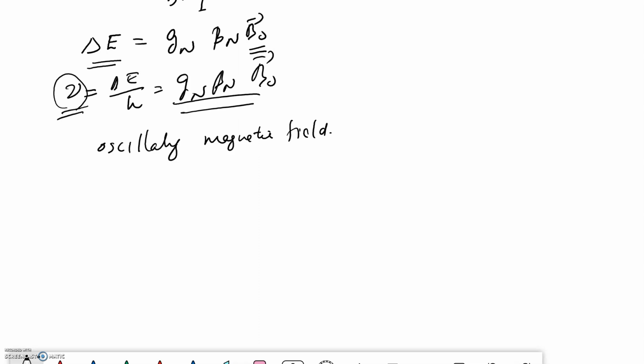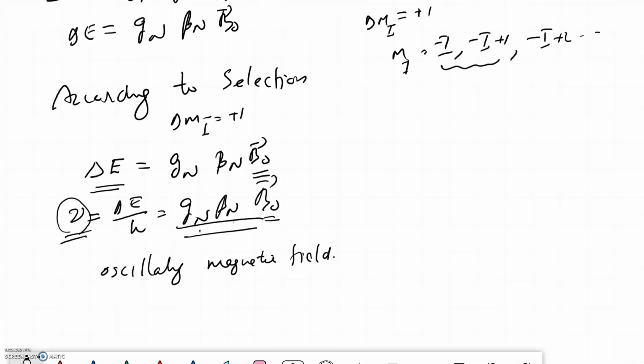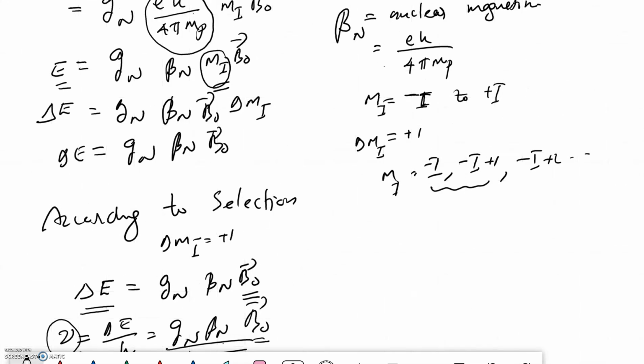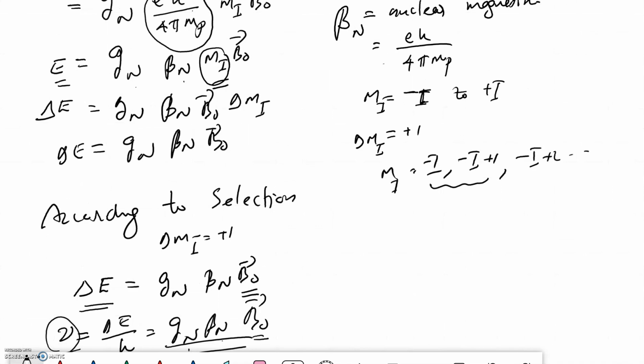By applying a frequency equal to Gn beta n into B0 divided by h, we undergo a transition; this is the resonance condition, or Bohr condition, for the transition. We know that the nuclear magnetic energy levels are equally spaced, because the energy is equal to Gn into beta n into mi into B0, and mi differs only by 1 unit.